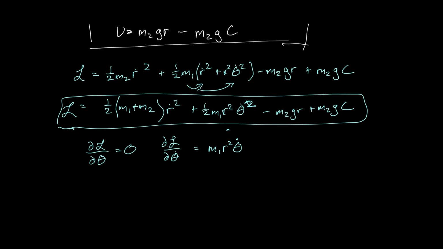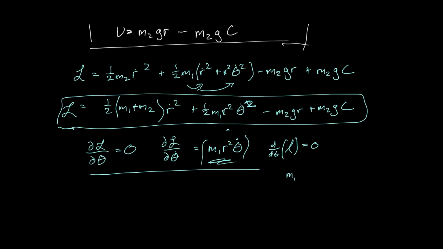And this right here is a big thing. This is our angular momentum, and if the time derivative of this is 0, like it is in this Euler-Lagrange equation, then the time derivative of, we'll just put little l, is 0.